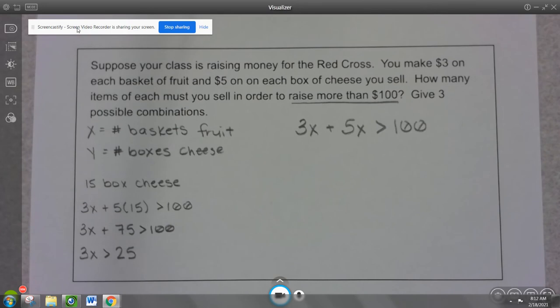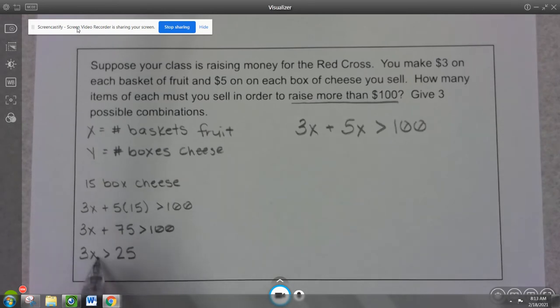Now, yes, 25 divided by 3 is a fraction. It is not a whole number. But since these represent baskets of fruit, my value for x needs to be bigger than the decimal because I cannot sell a decimal basket of fruit.